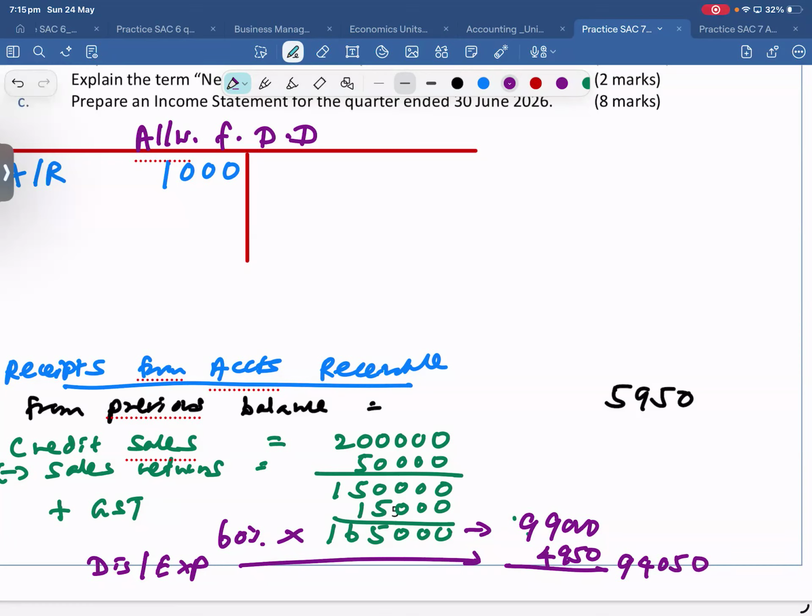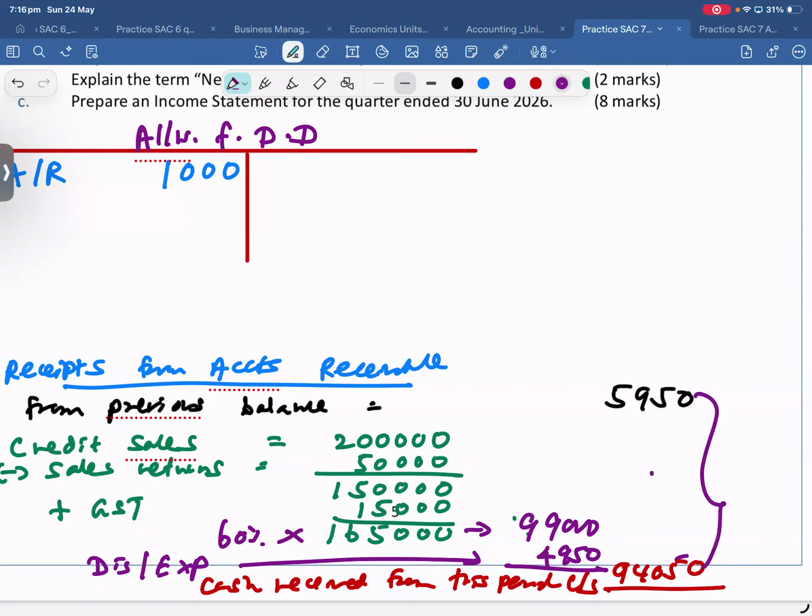I'll write it in red probably. 94,050 is the cash received from this period's credit sales. So what's the total receipts, guys? Addition of these two, 100,000. Exactly, I'm getting 100,000.